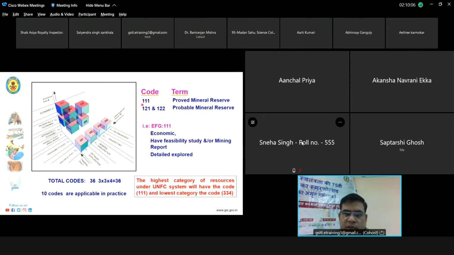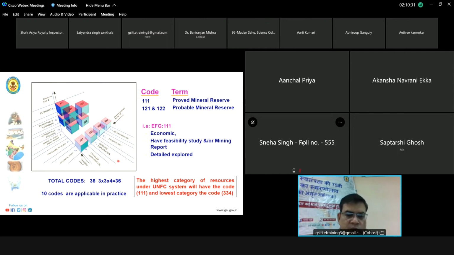So 111 is the proved mineral reserve, and 121 and 122 are the probable mineral reserve. Previously, if it was 111, then it would have been auctioned in the past. But now, if we have a G2 exploration report with a pre-feasibility report having good economic value, then we can also go for mining. The rules are now changing day by day.